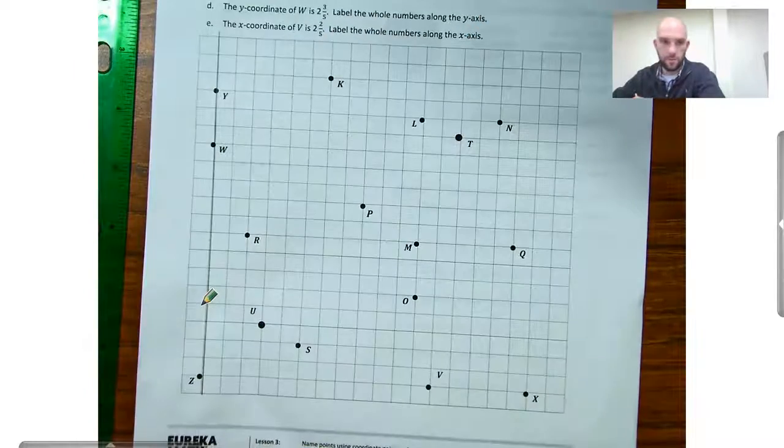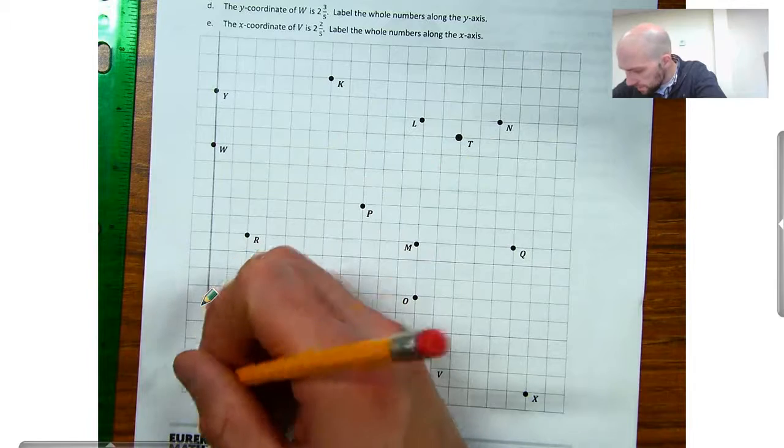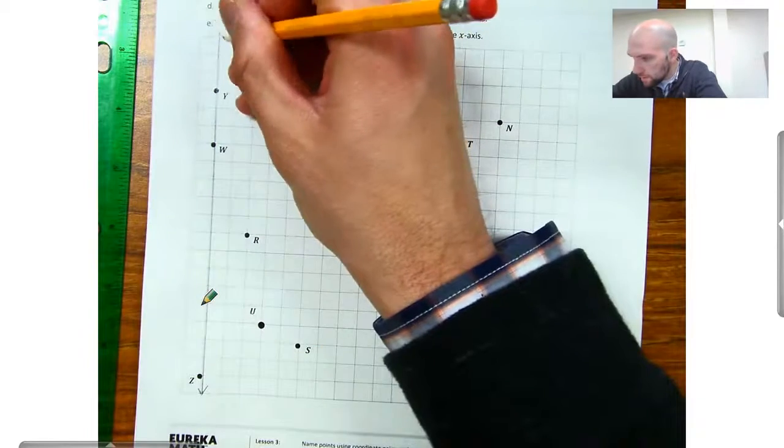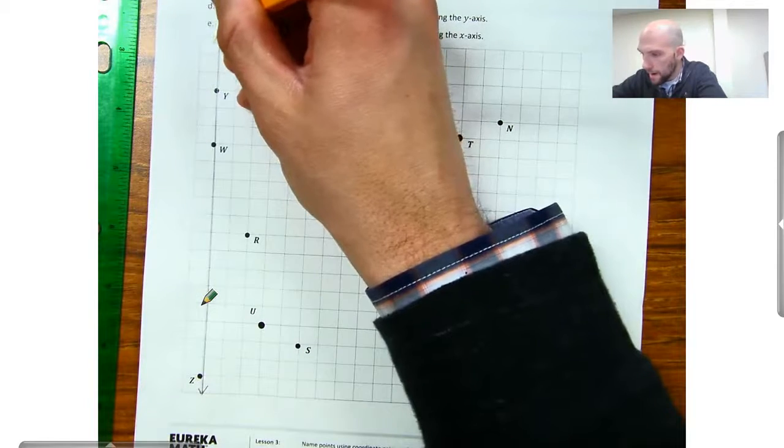All right, passing right through Y and Z there. And this is going to be our y-axis.